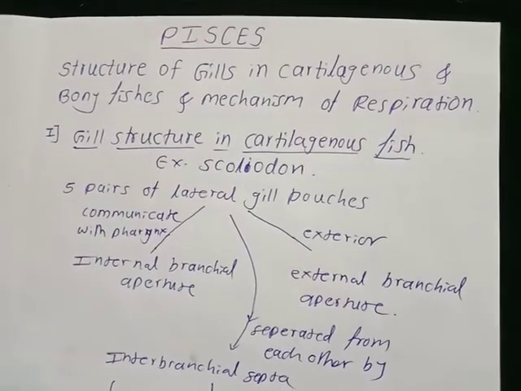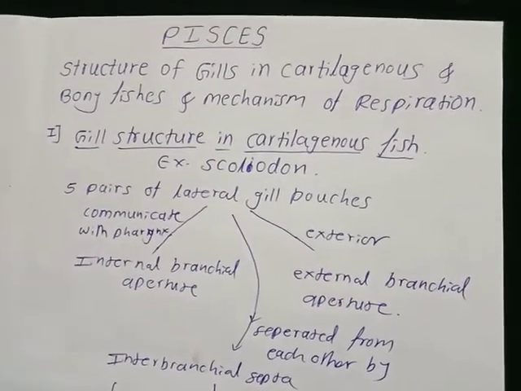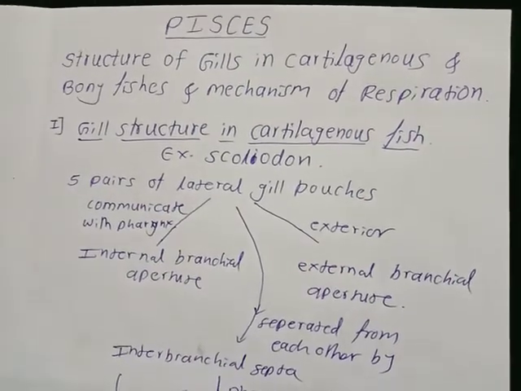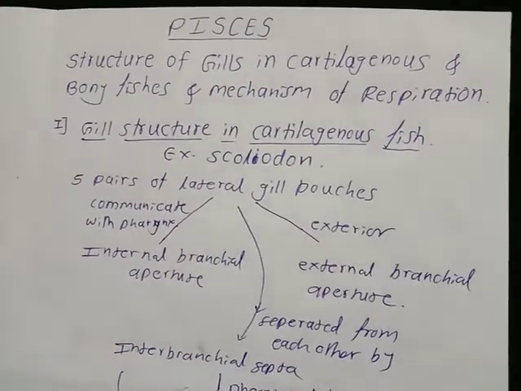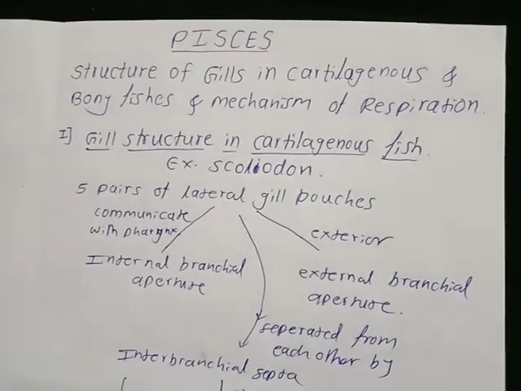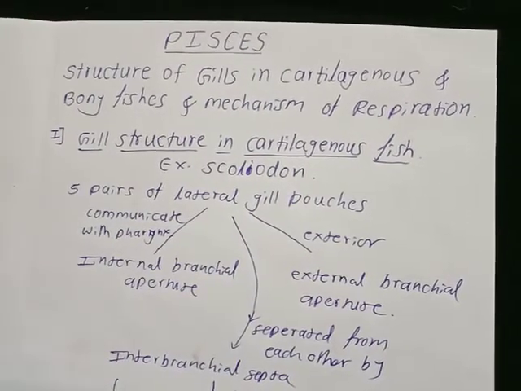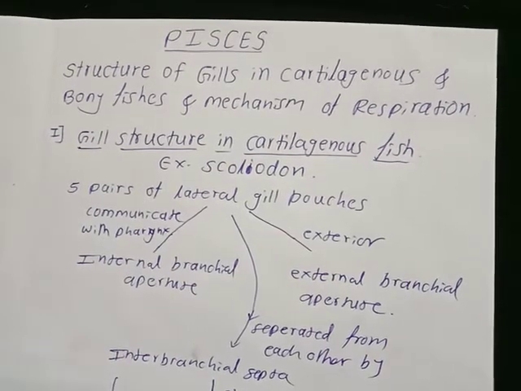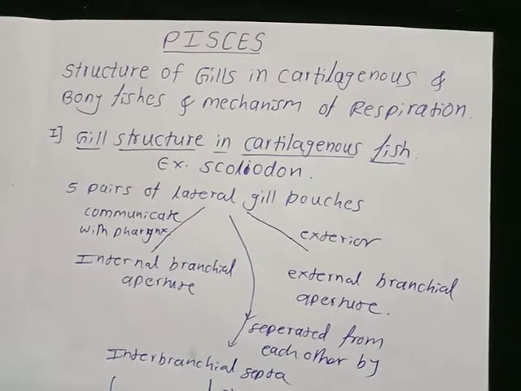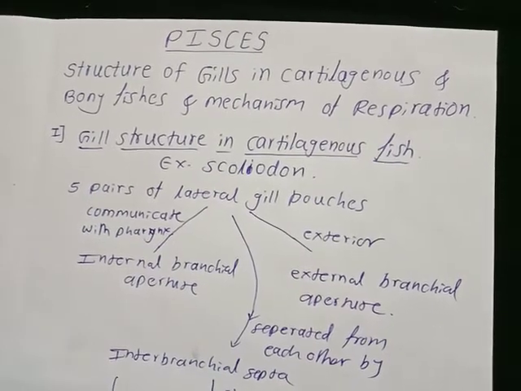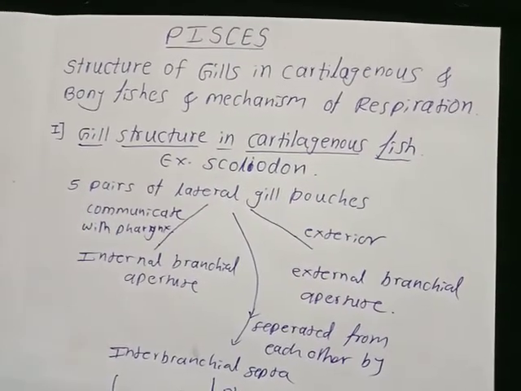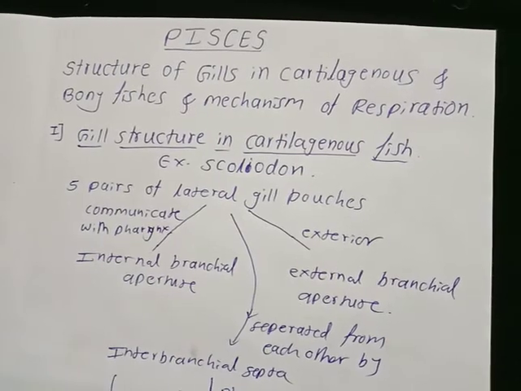In Pisces or Fishes, last time we studied about the general characters and classification. Today we are going to discuss about the structure of gills in cartilaginous as well as bony fishes, and also we are going to discuss about the mechanism of respiration.